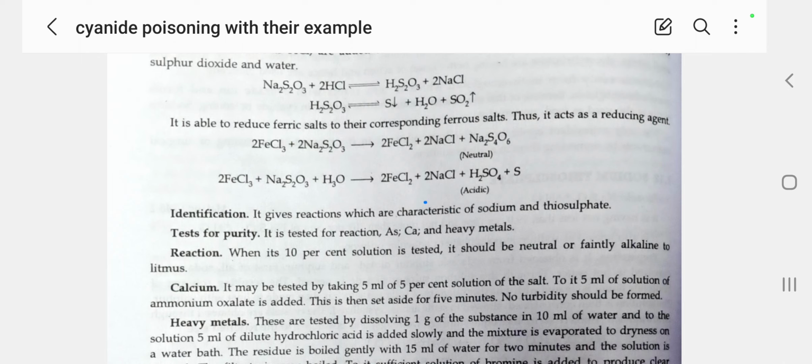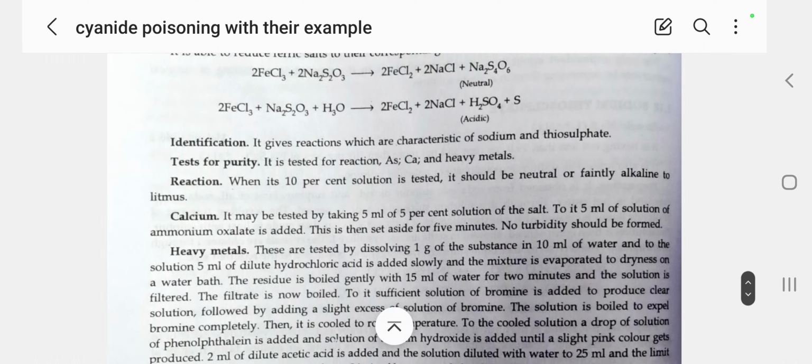That means Fe3+, ferric, to Fe2+, ferrous, with formation of sodium chloride and sodium tetrathionate. Next, this ferric chloride when treated with sodium thiocyanate and water gives the ferrous form, sodium chloride, sulfuric acid and sulfur.